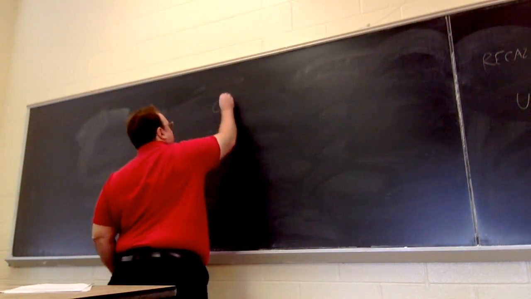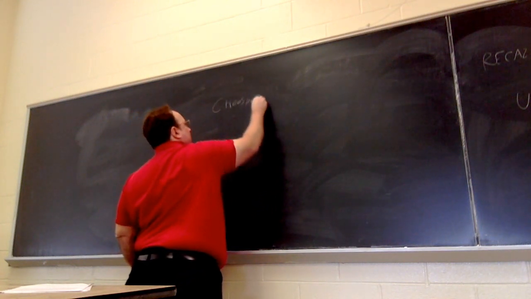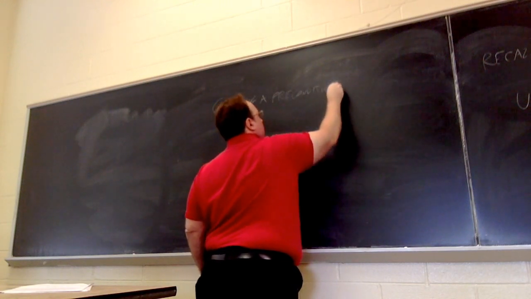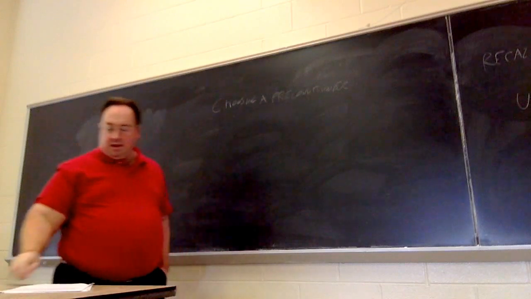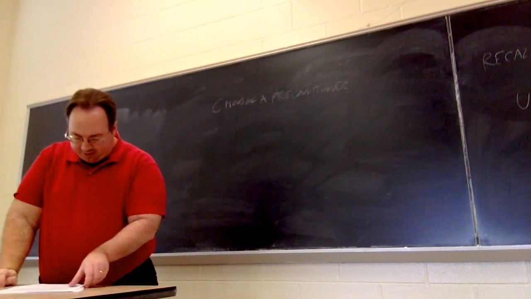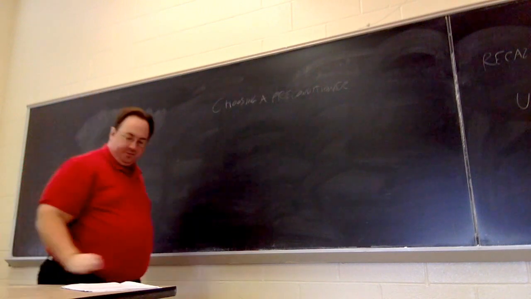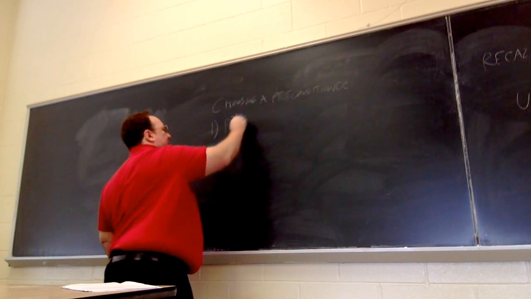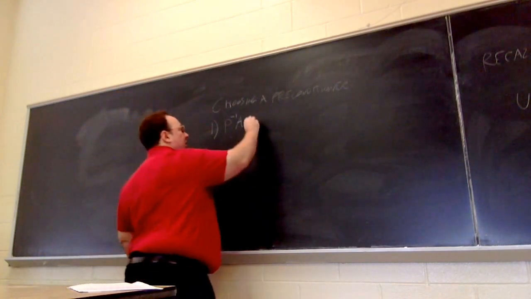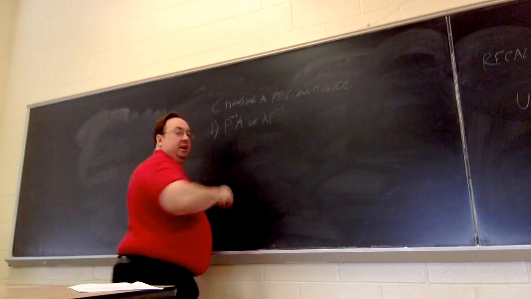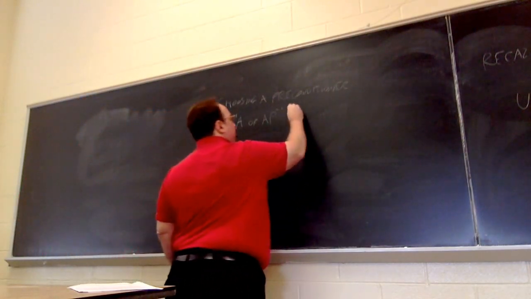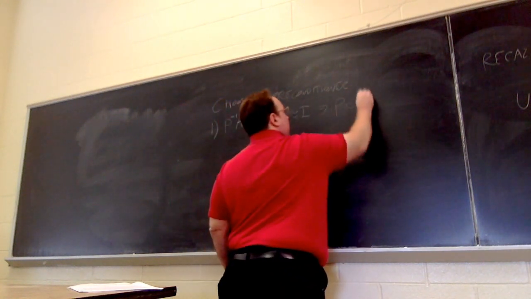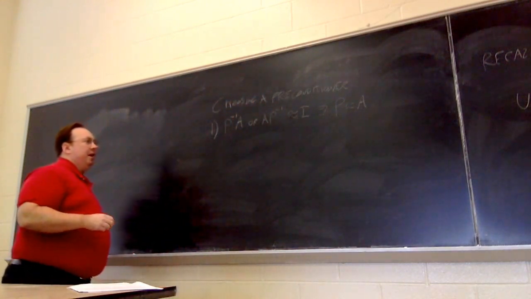There are two criteria. You want P inverse times A, or A P inverse, depending on whether you're doing left or right preconditioning, to be approximately the identity. In other words, P should be approximately equal to A.